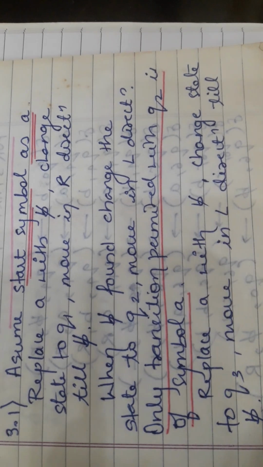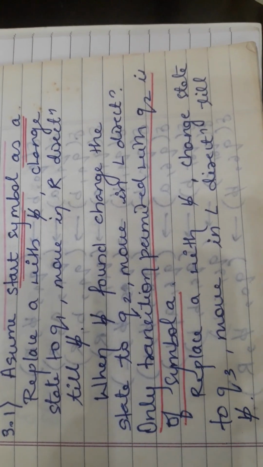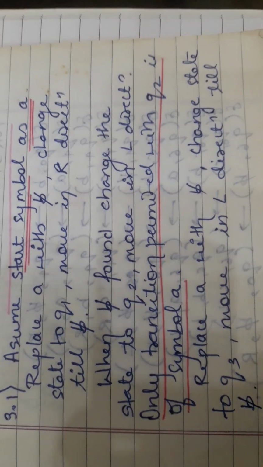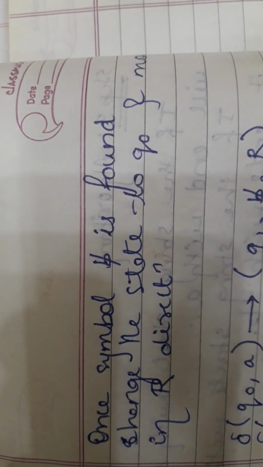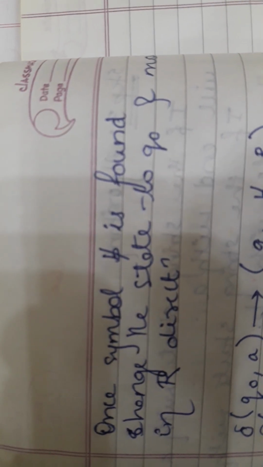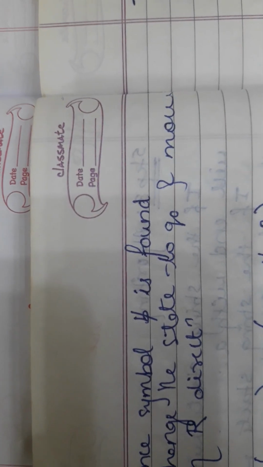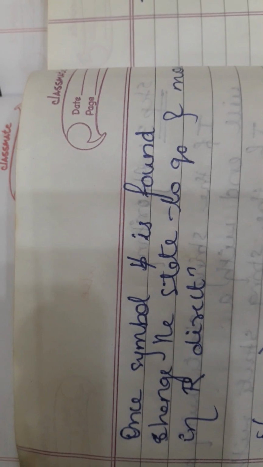So this is the blank which will lead us back to the first A symbol which we had replaced with blank. And finally, once the symbol blank is found, we'll change the state to Q0 and move in the right direction. So this will be a loop created.